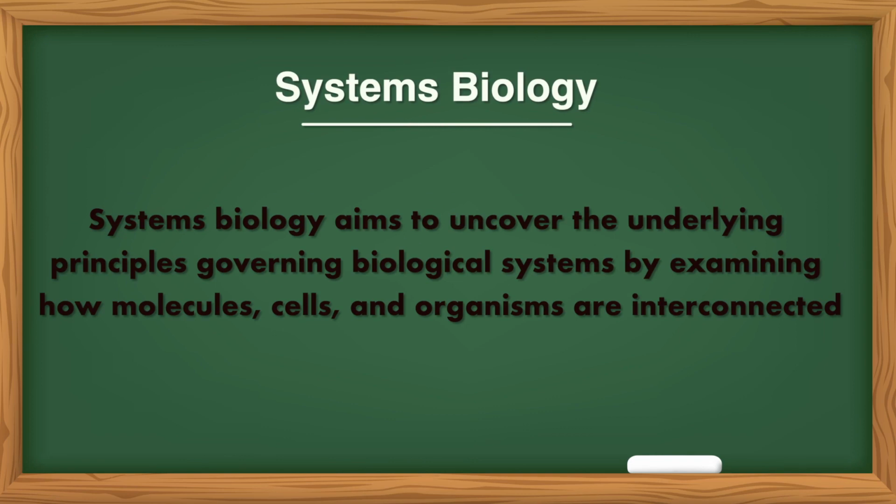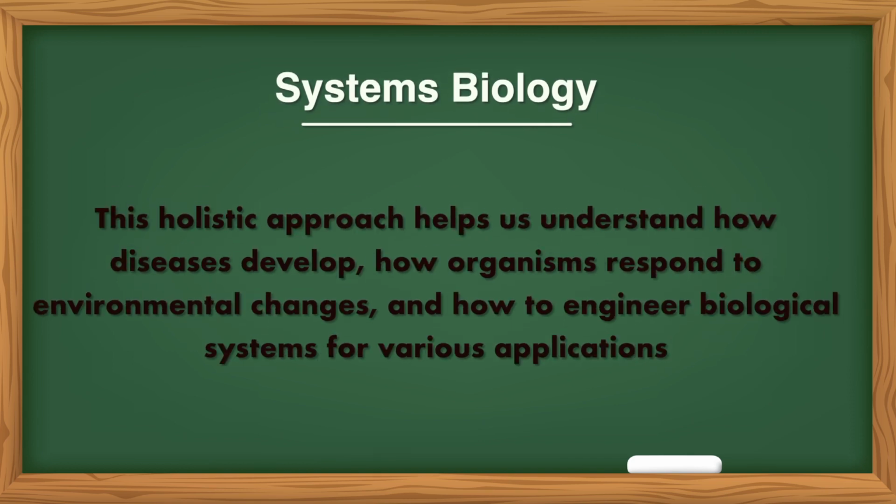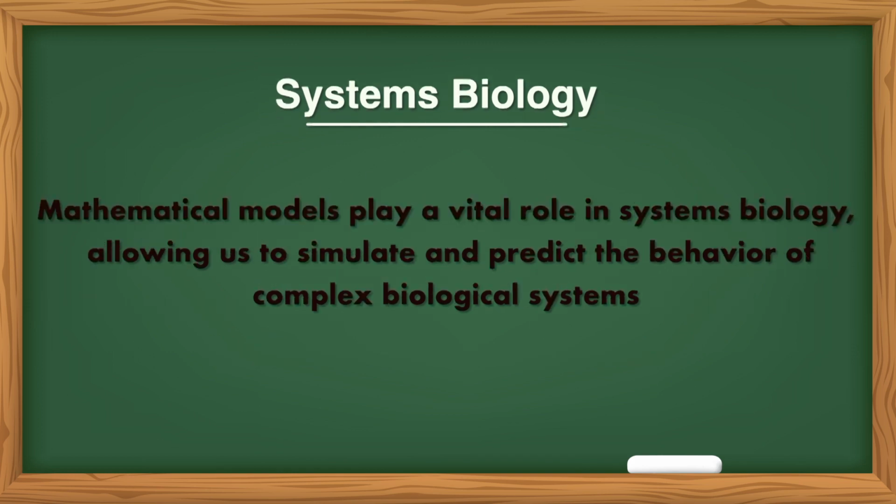Systems biology aims to uncover the underlying principles governing biological systems by examining how molecules, cells, and proteins interact to govern the functionality of a particular cell or the entire organism. This holistic approach helps us understand how diseases develop, how organisms respond to environmental changes, and how to engineer biological systems for various applications.